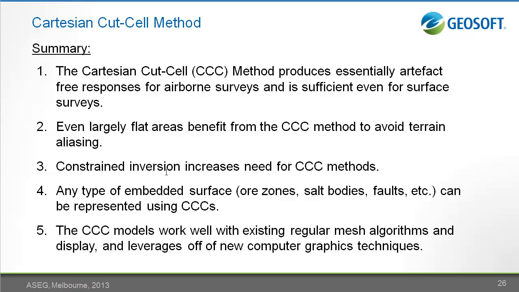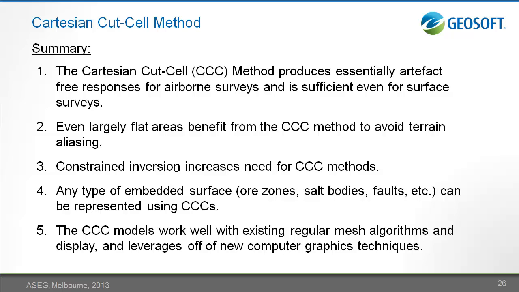In fact, I would argue that in these largely flat areas you're much better off, if you're restricted only to a prism-based modeling or inversion algorithm, to assume the surface is flat and ignore the topography, which will in itself introduce errors, but those errors are probably going to be less than the errors introduced by trying to represent the topography by prism elements.